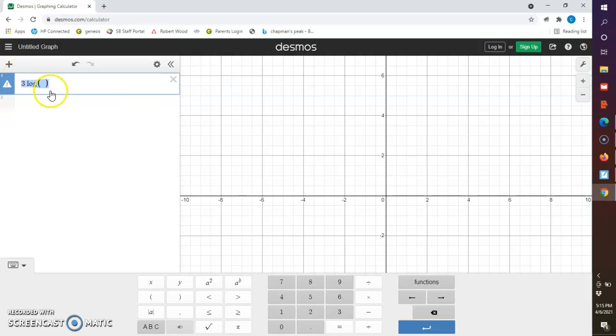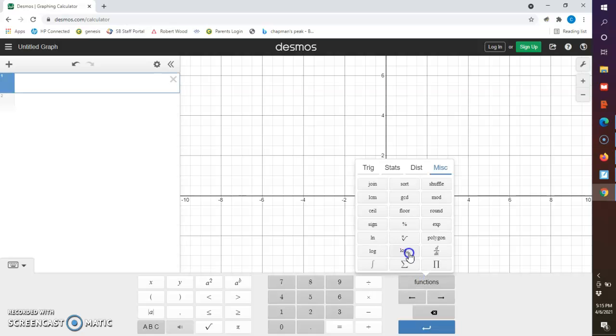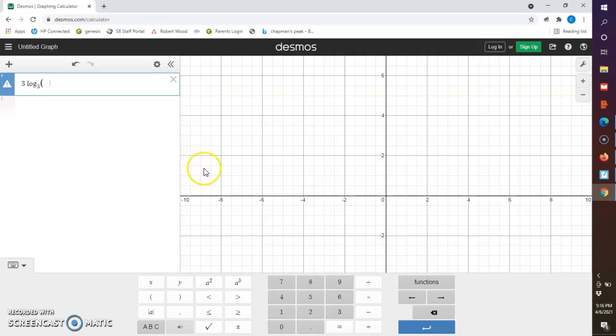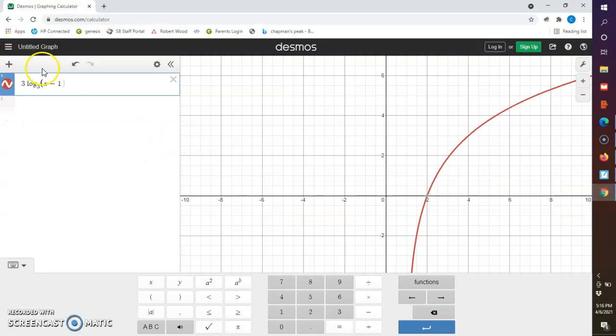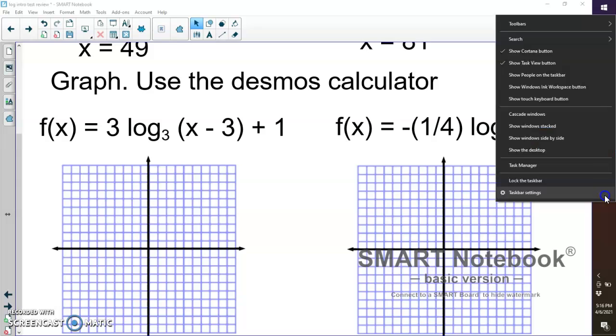Start again here, sorry about that. So we have 3 log base 3, I believe it's x minus 1, I'm sorry, x minus 3, plus 1. And I'm really just looking for a sketch of that graph.